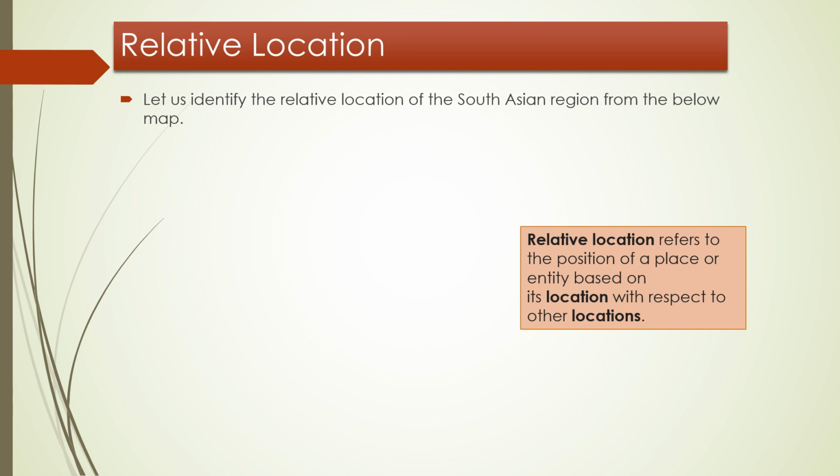You have studied about relative location in grade 7. We elaborate one location based on other locations. The other locations can be countries, continents, oceans, seas, whatever.